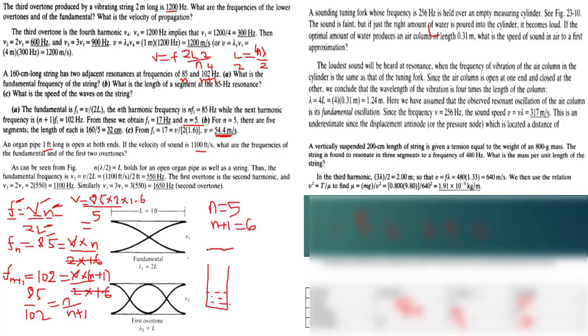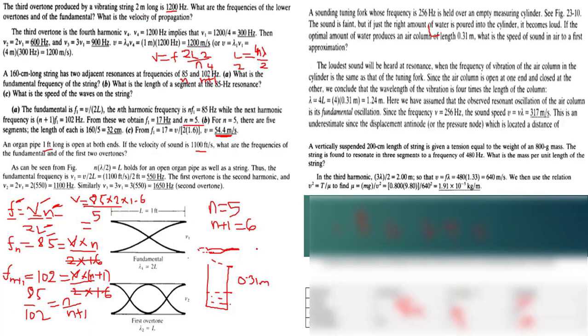You have a tuning fork at this point, which emits sound that is resonant with this. So they say that if the optimal amount of water produces an air column of length, what resonates is the air column. As you add water you keep reducing the air column, so you have a minimum length at 0.31 meters. So what is the speed of sound in air?